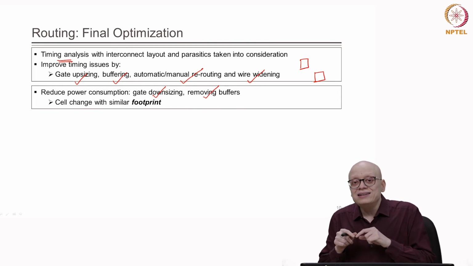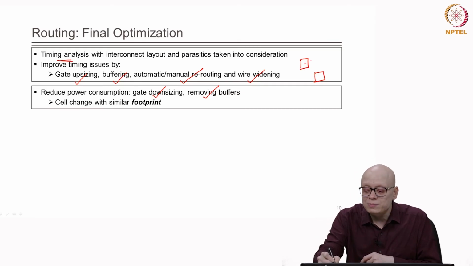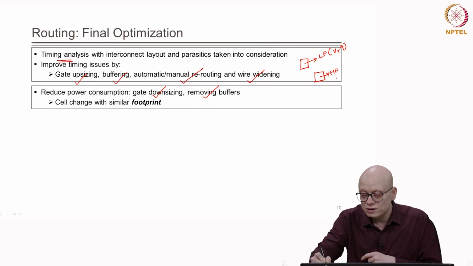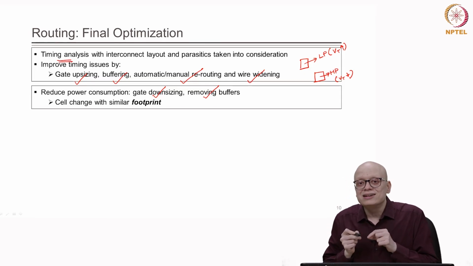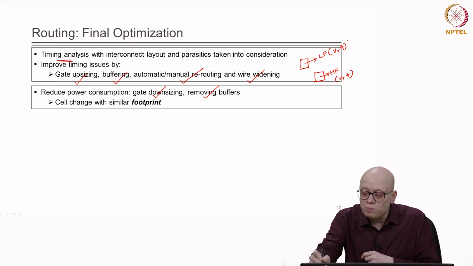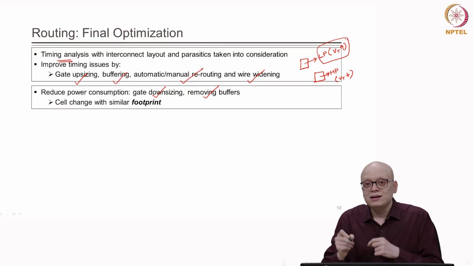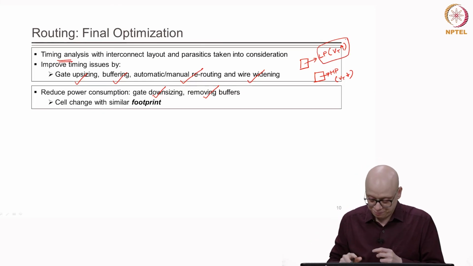But internally the transistors may be low power transistors, meaning high VT transistors, or high performance transistors, where the VT, or threshold voltage, of the transistor is low. If a gate is not on the critical path, we can use low power cells there and save the power.